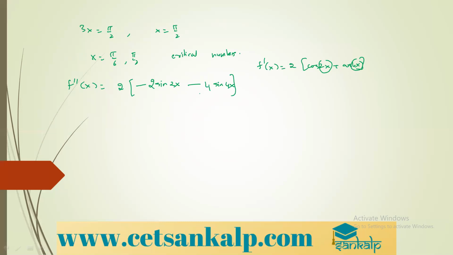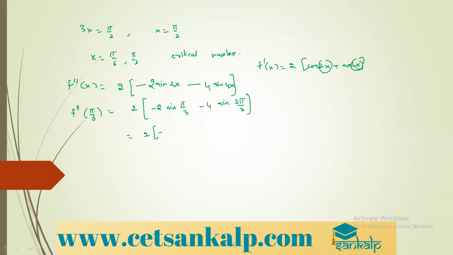Now in this second derivative, I have to put the critical numbers. I'll put pi by 6. 2 into minus 2 into, when I put pi by 6, I will have sine pi by 3, minus 4 into sine 2 pi by 3.